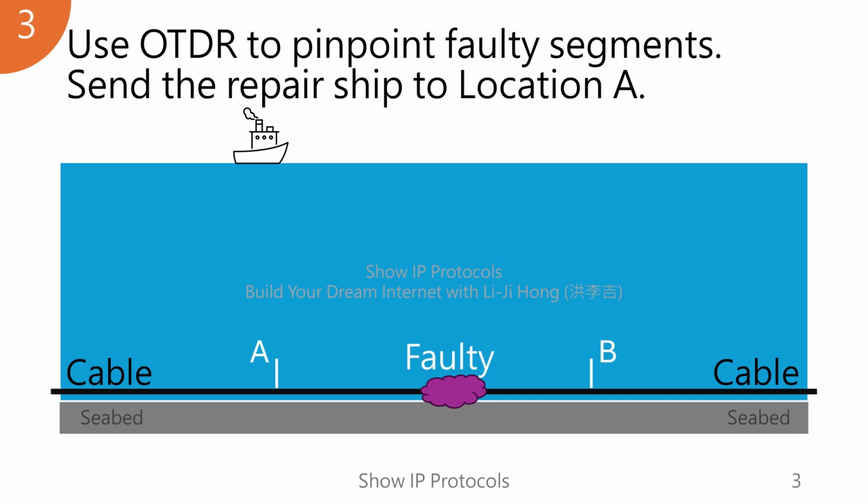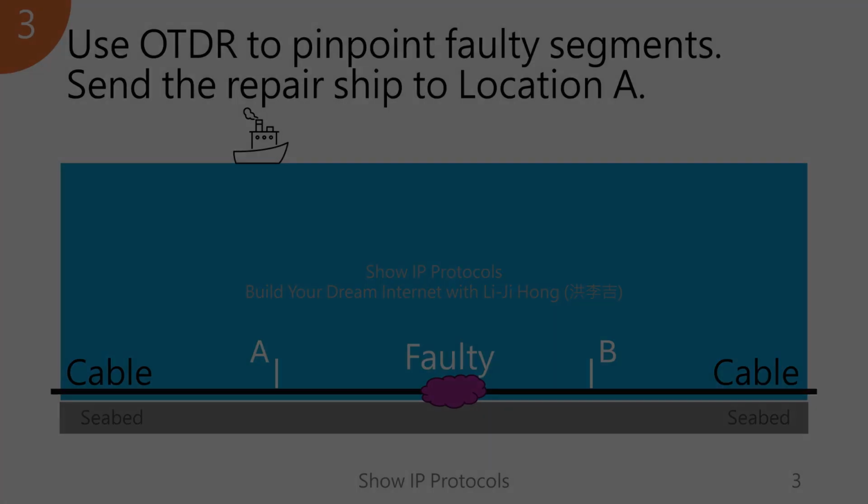It will emit laser beams and measure their reflection travel time. With this distance estimation, we can locate the faulty segments on the fiber route map. Now we know faults are happening between location A and location B. We can send the repair ship to location A.